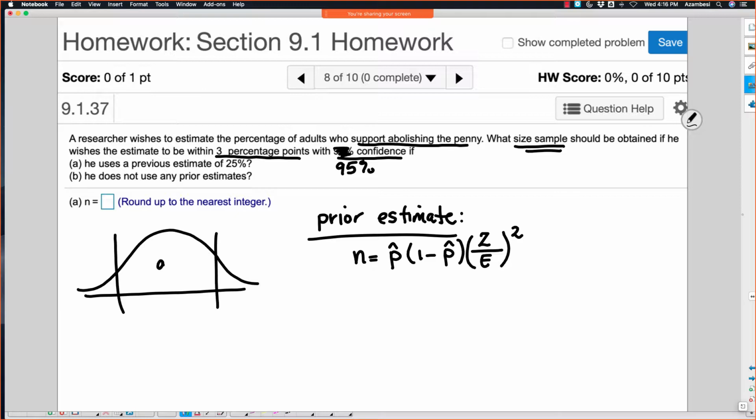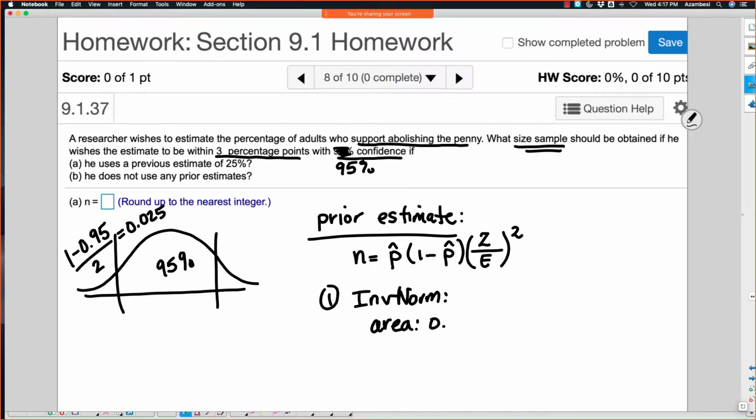So 95% is here. And what I'm going to plug into my calculator is that 1 minus 0.95 over 2, or 0.025. So the first step is that inverse normal with an area of 0.025.